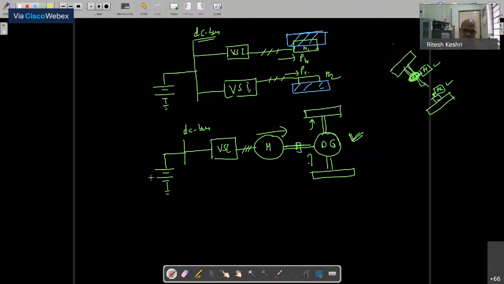Let's say I am drawing again: this is a fuel tank, and it is giving energy to the IC engine, and with the IC engine a generator is coupled. Then this generator is connected with an electronic converter, AC to DC, and this is giving energy to the common DC bus of the vehicle.